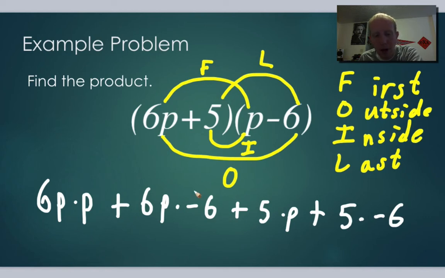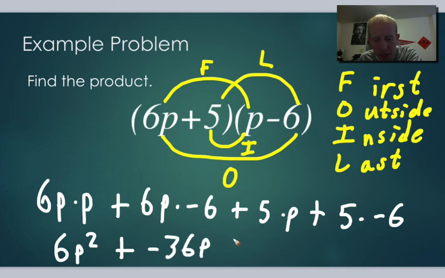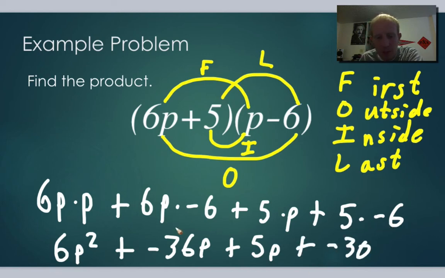All right, so let's finish off this problem now. 6p times p will give us 6p squared. 6p times negative 6 will give us negative 36p. 5 times p will just give us 5p. And 5 times negative 6 will give us negative 30. So we could leave the expression like this, but we can simplify a little bit more because we can combine this negative 36p and this 5p.